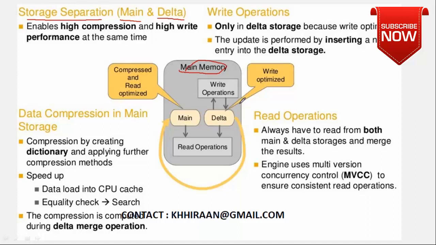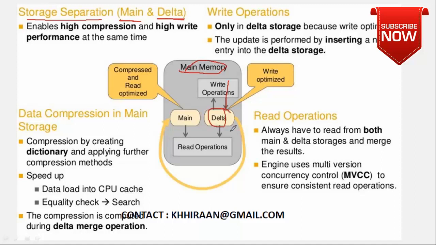So how do the write operations happen? Whenever you create or insert a record, it is stored only in delta storage. I told you we have a main storage and a delta storage. It goes to the delta storage whenever you create a record.